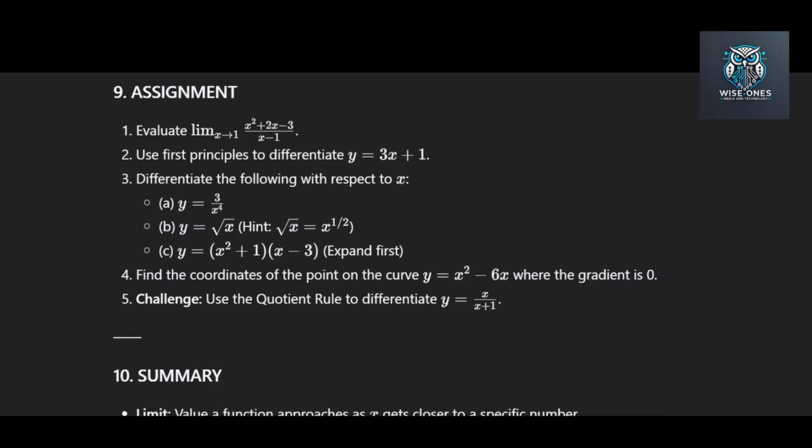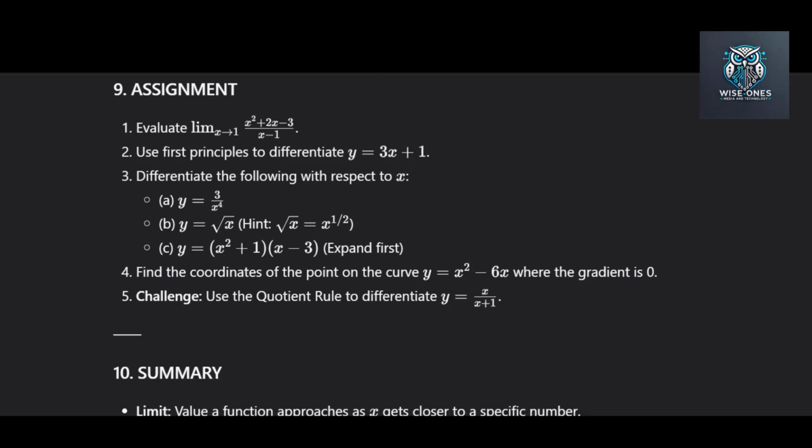For your assignment, section 9, please do these at home. Question 1. Evaluate the limit as x approaches 1 of the fraction x squared plus 2x minus 3 over x minus 1. Question 2. Use first principles to differentiate y equals 3x plus 1. Question 3. Differentiate the following with respect to x.